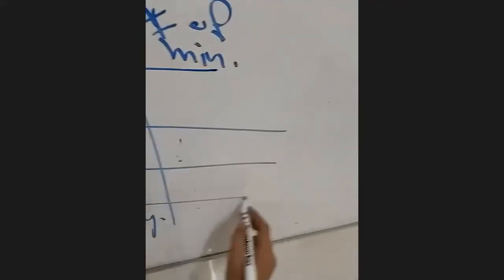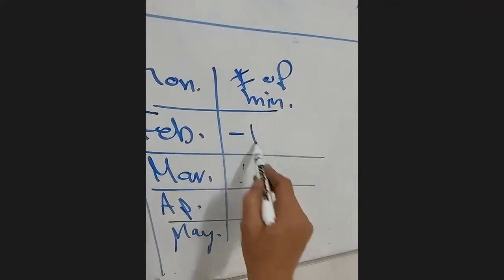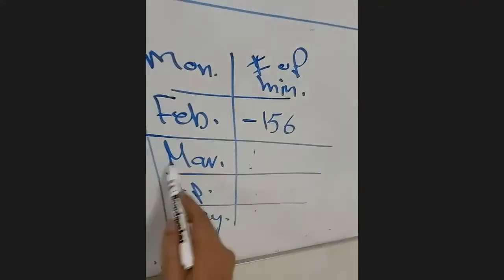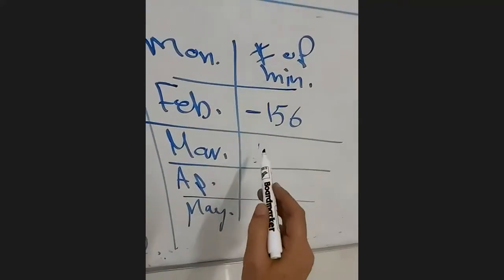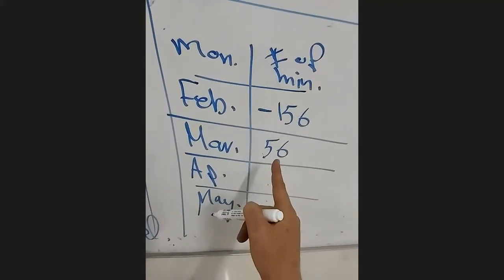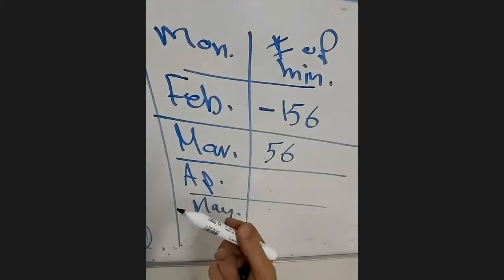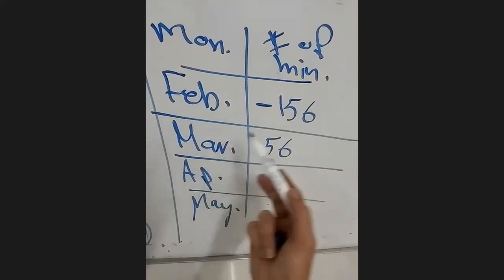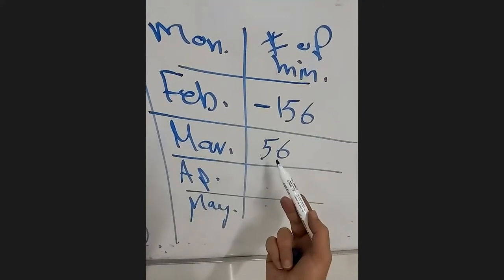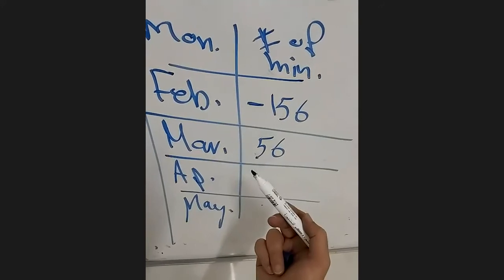In February, what's the number of the minutes, Hisham? Negative 156. In March, positive 12. Focus here. In March, we have positive 12.